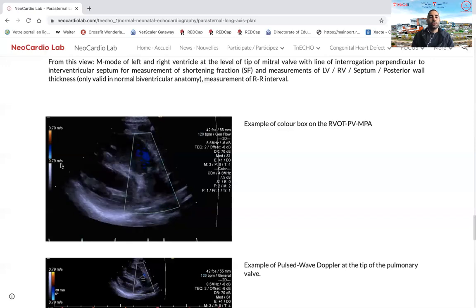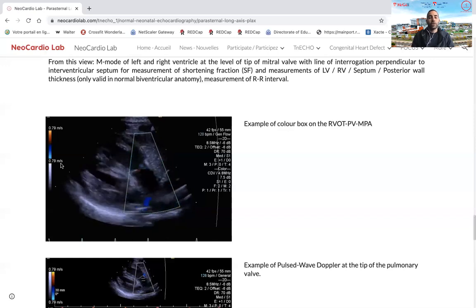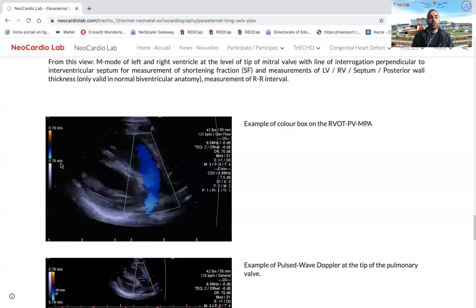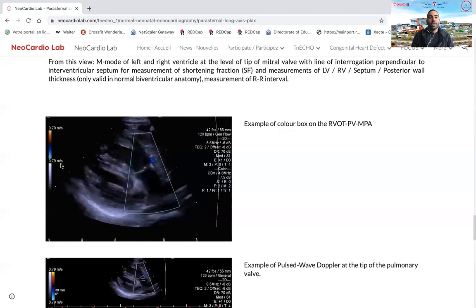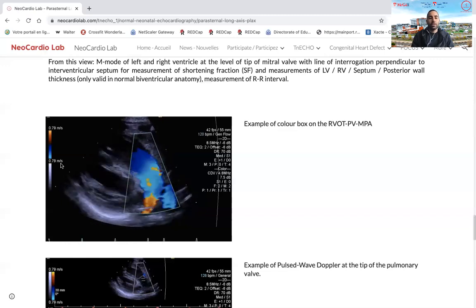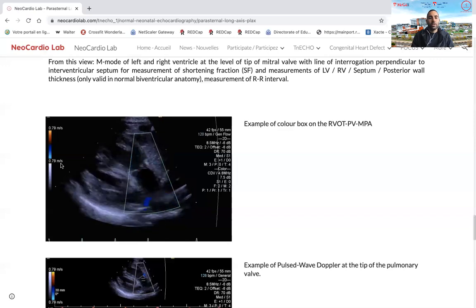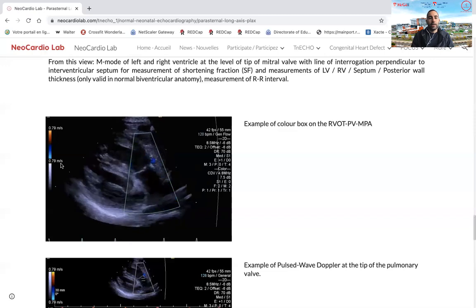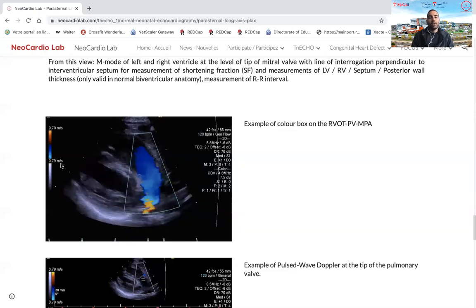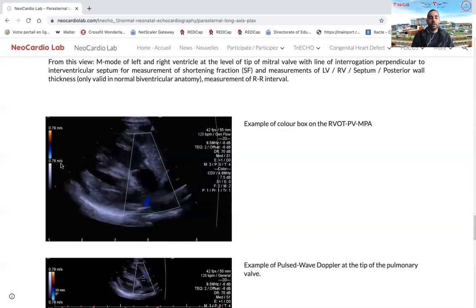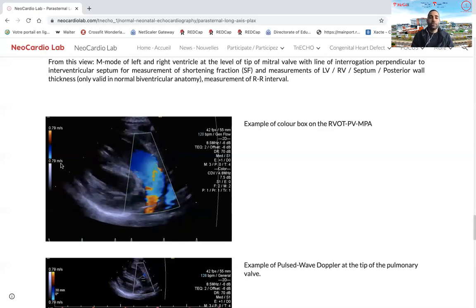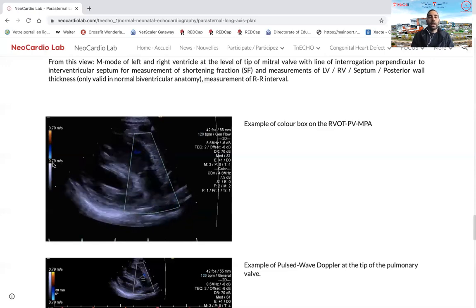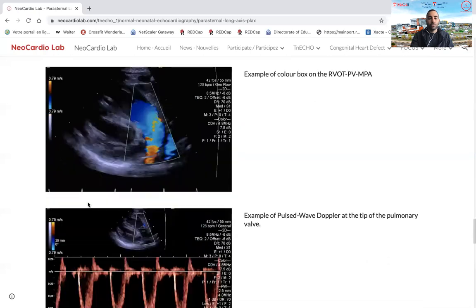So obviously, if you have a high velocity blood flow structure, you might want to increase your speed limit so that you can filter out some of the lower velocity structures to really outline the flow that you're interested in. If you have a structure with low velocity blood flow, such as coronary arteries or pulmonary veins, you might want to consider decreasing the scale in order to capture the blood flow within these structures.